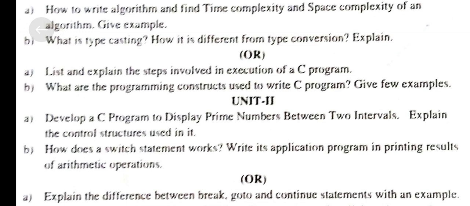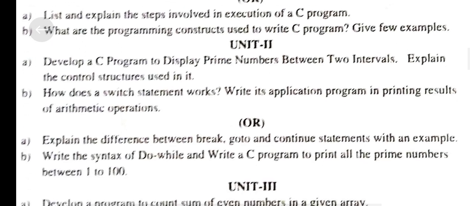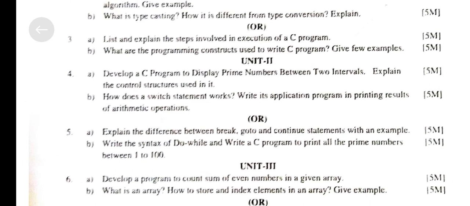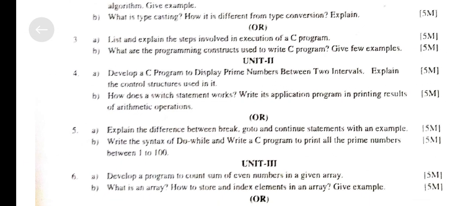Give few examples. Unit 2, 4A, develop a C program to display prime numbers between two intervals. Explain two control structures used in it. B, how does a switch statement work?